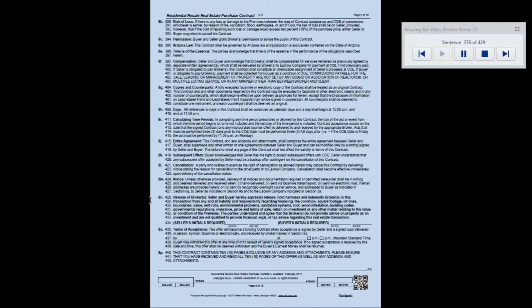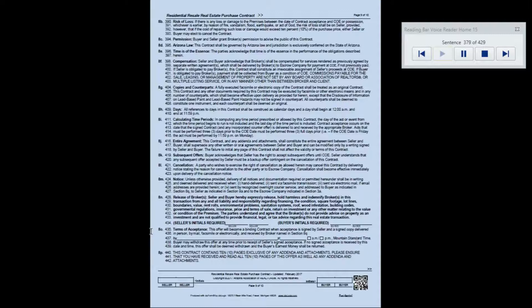The parties understand and agree that the broker or brokers do not provide advice on property as an investment and are not qualified to provide financial, legal, or tax advice regarding this real estate transaction. Seller's initials required, buyer's initials required.